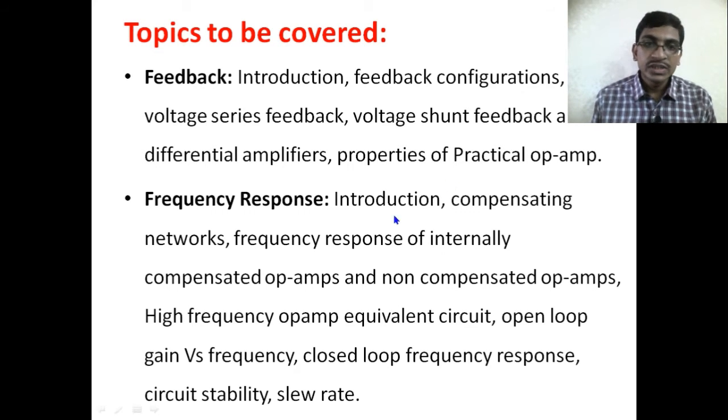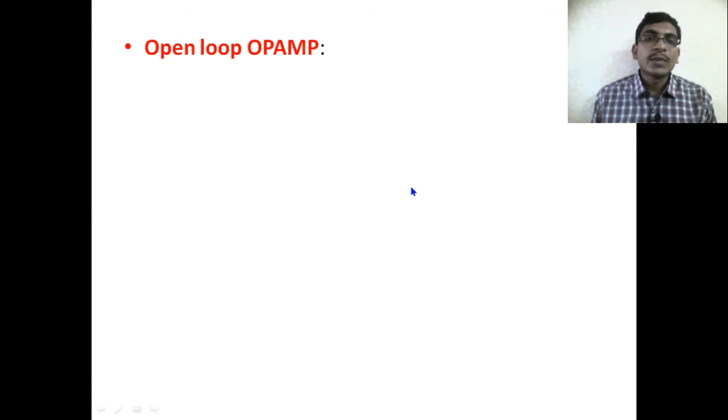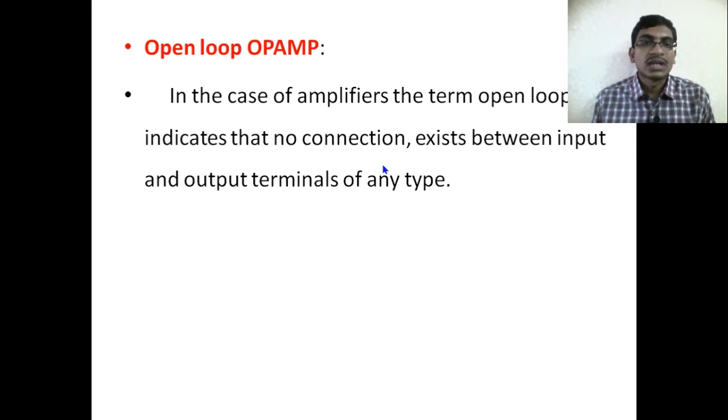Before going into the feedback concepts, we should know what an open loop op amp is. We have already discussed open loop op amps in unit number 1, and let us quickly review that. In case of amplifiers, the term open loop indicates no connection exists between input and output terminals of any type.